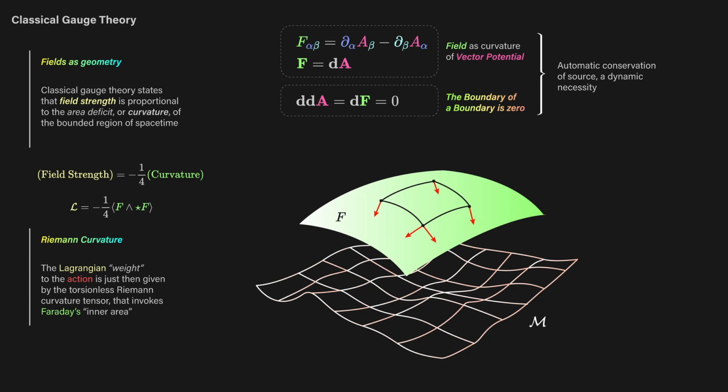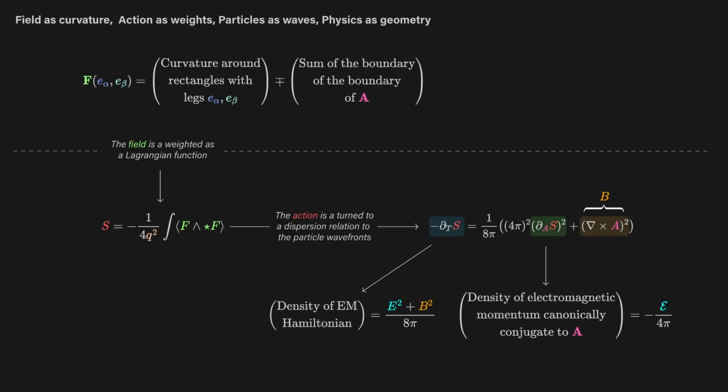Now, it's very interesting that we didn't see the totality of what we talked about until now, which is that the fields are seen as curvature. The action is just seen as a weight that's given by the Lagrangian to each individual path. The particles are waves, because we can see the motion of particles in terms of wavefronts with the Hamilton-Jacobi equation, and so we can see the totality of physics as geometry.